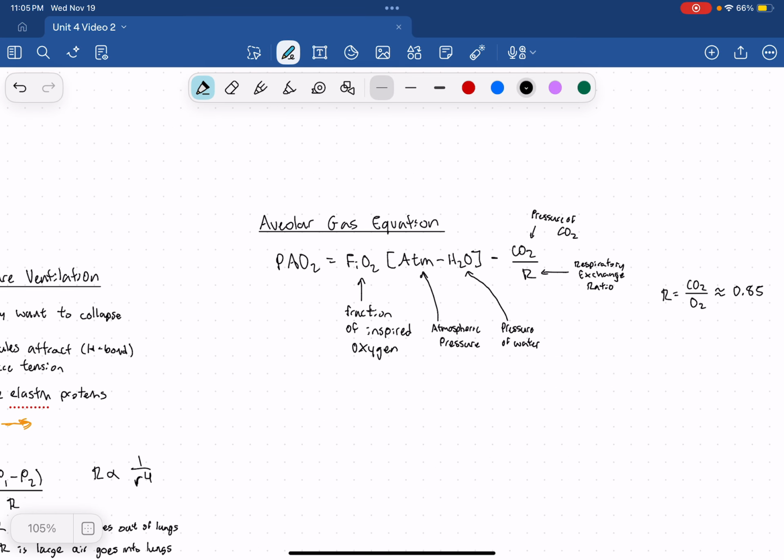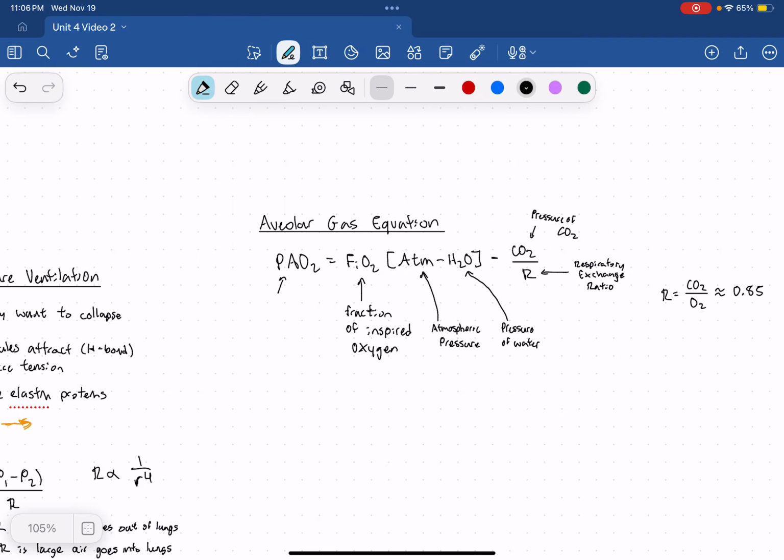So, what is PaO2 actually calculating? That's a question that you might be having right now. And so, let us describe a process that's occurring in the lungs, and then we'll talk about what the PaO2 is actually describing, what we're trying to calculate.